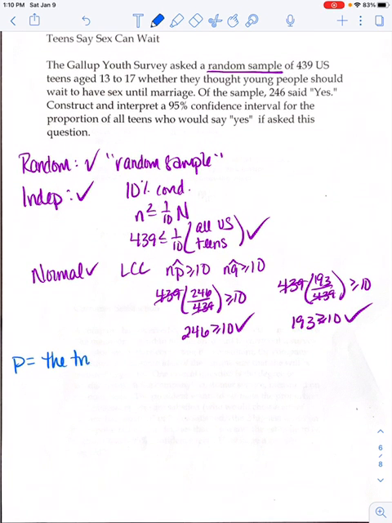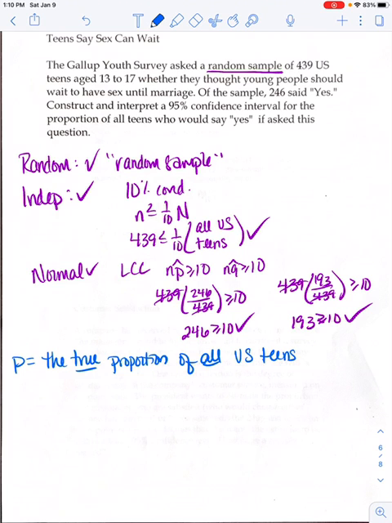So P is the true proportion of all, I'm underlining those two words because they're important. You don't have to underline them. I'm just trying to stress to you that they're important.